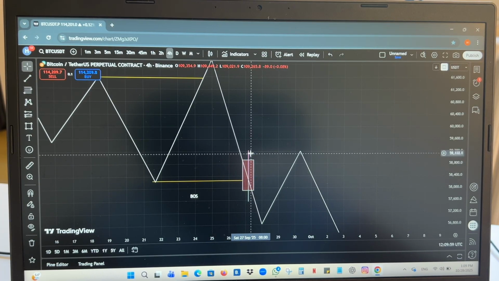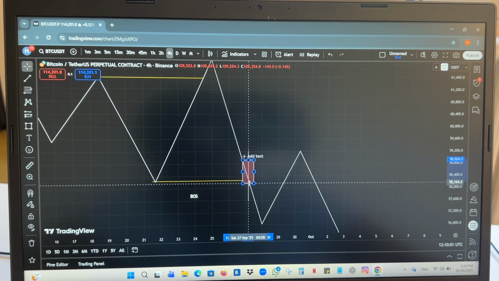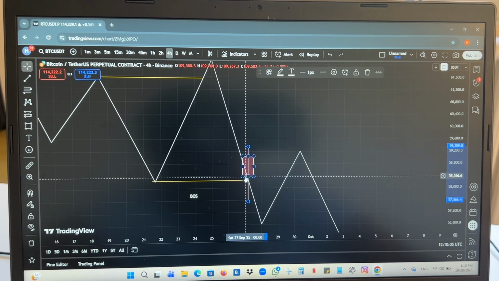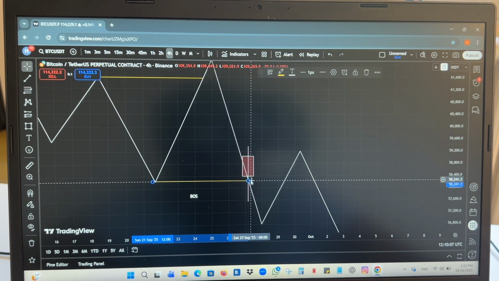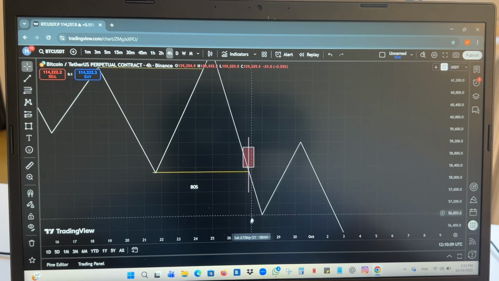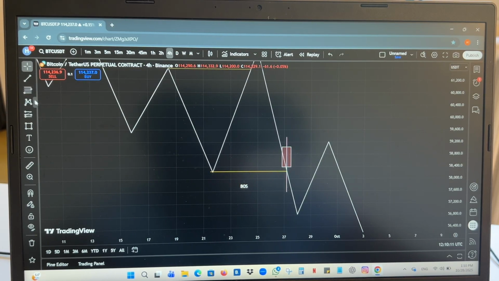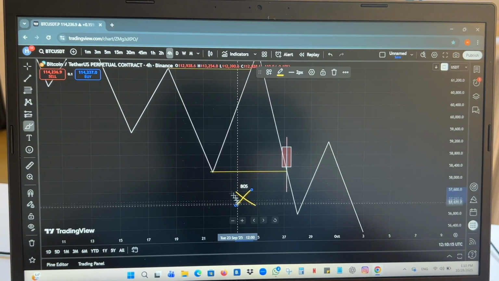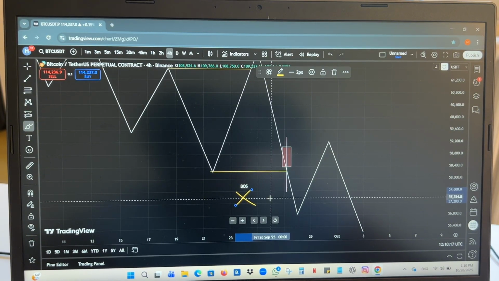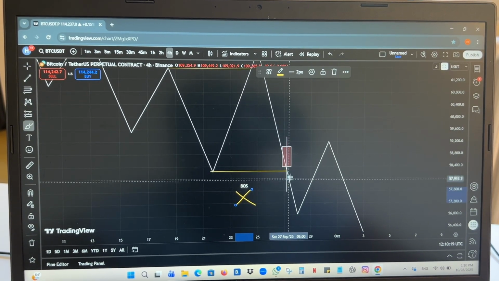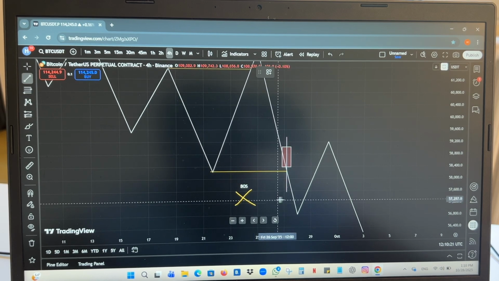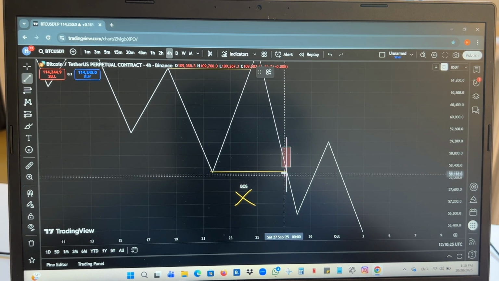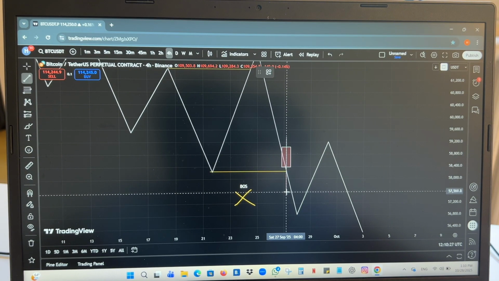But let's say the market does not touch the body, so it's something like this, and the line touches a wick itself. Then this is not a BOS. You wait and see if the market is going to touch another body by extending this line through this wick.